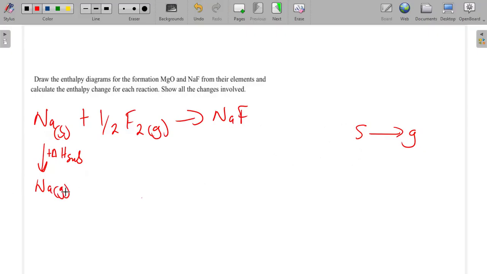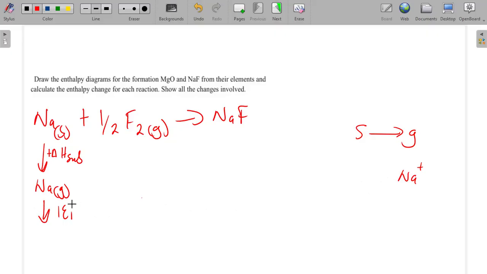Once you have sodium as a gas, you need it to be an ion. So the sodium ion is 1 plus. Sodium has 1 electron on the outermost shell, so it needs to lose that electron to form an ion. The amount of energy you need to remove that electron from the sodium nucleus is what we call ionization energy. That's the first ionization energy.